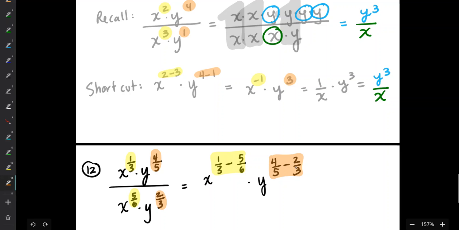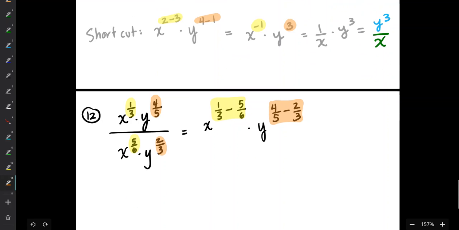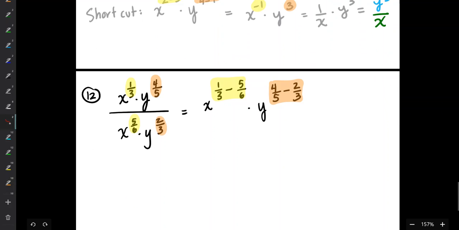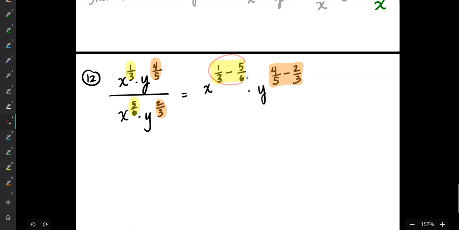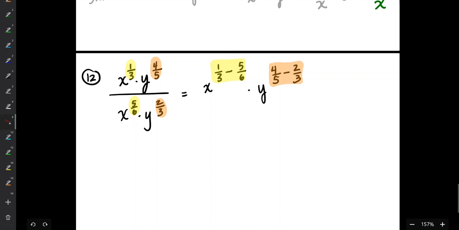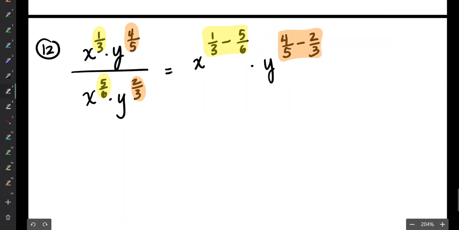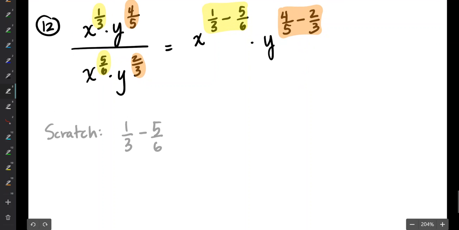It might look ugly, but really this is back to the beginning of the class where we were practicing subtracting fractions. If you would like and not do all that work up tiny in the exponent, you could do a little bit of scratch and say, what is 1/3 minus 5/6? And then what is 4/5 minus 2/3? Let's go ahead and do that.